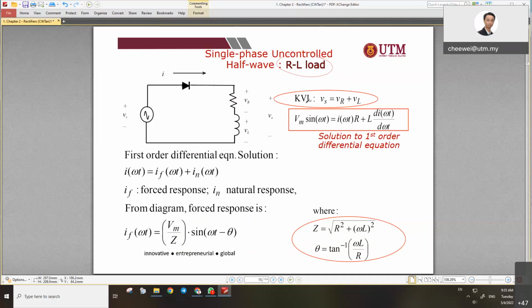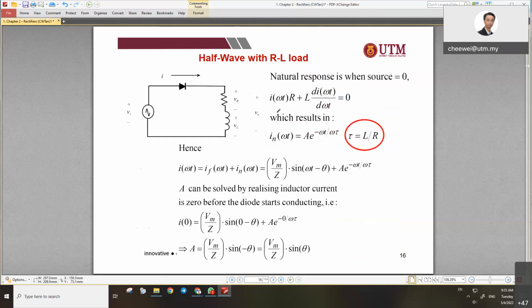Kirchhoff's voltage law: Vs equals VR plus VL. So VL and VR together are the load, and the load is V out. We want to find the output voltage, which is VR plus VL.